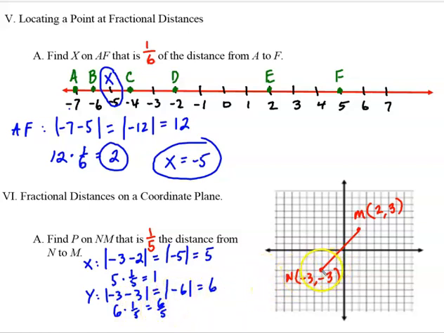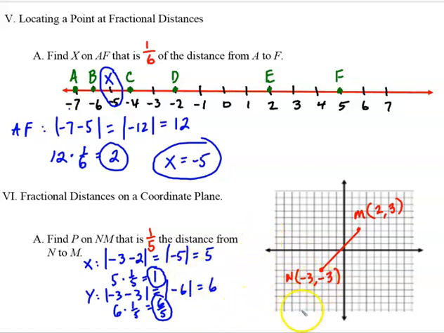Okay, so now it's from n to m. So it's like you're starting at n and you're going to travel this many units after you multiply by the 1/5. It's kind of like this. The x coordinate of n is -3.